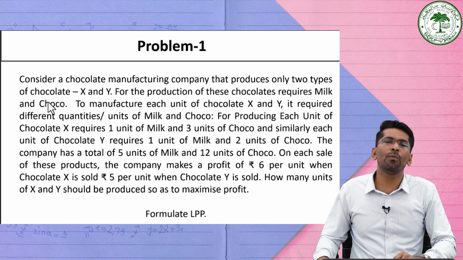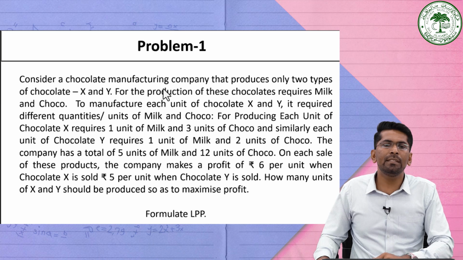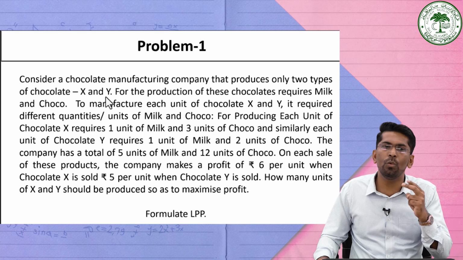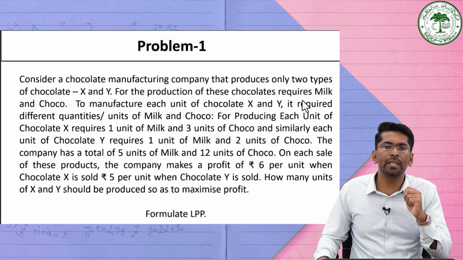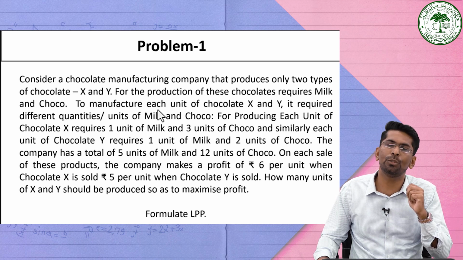Now we are going to consider one particular problem. Consider a chocolate manufacturing company that produces only two types of chocolate, X and Y. The production of these chocolates requires two main inputs, milk and choco.